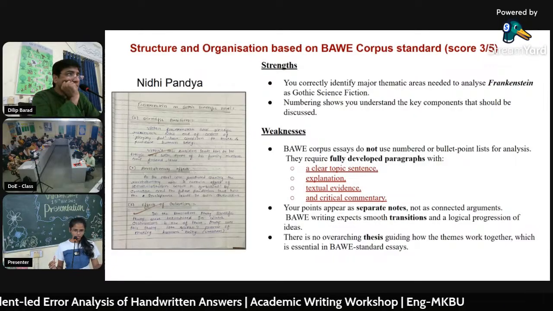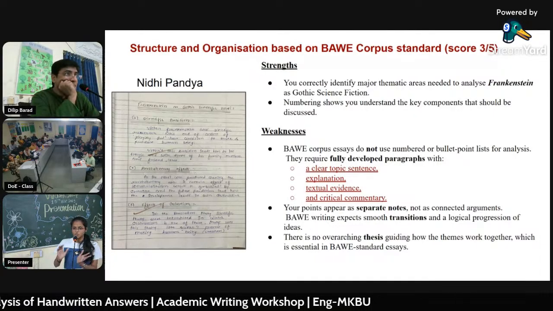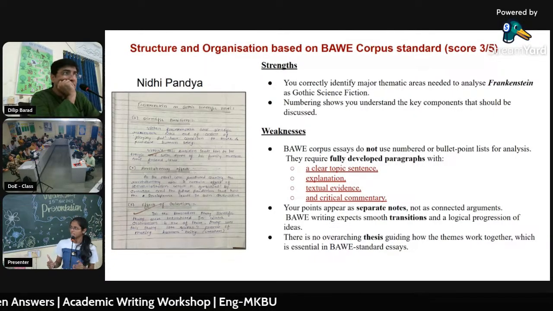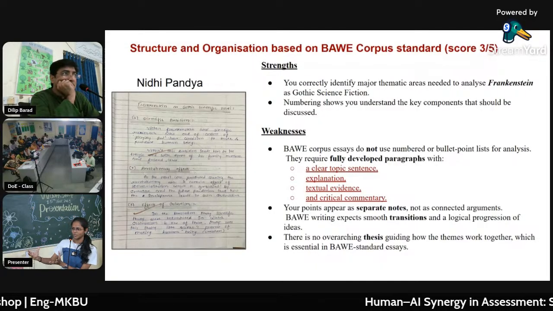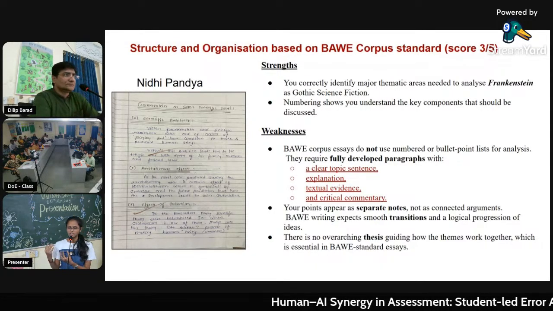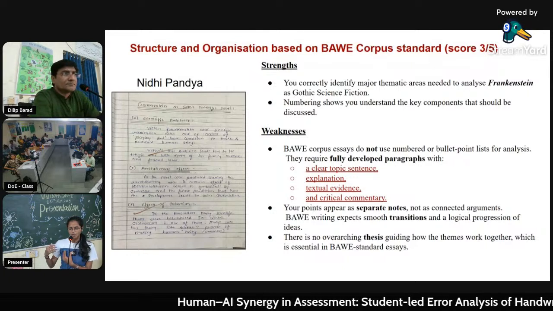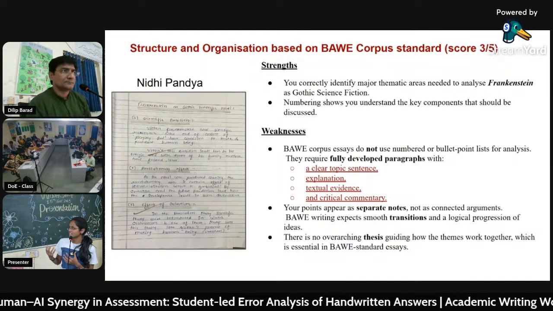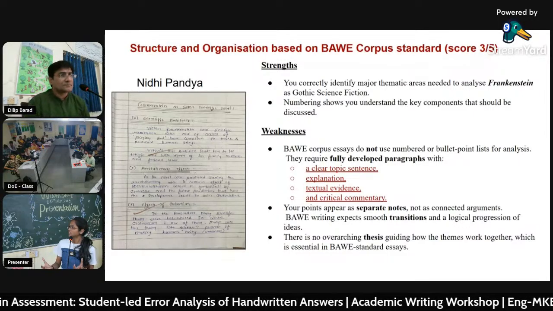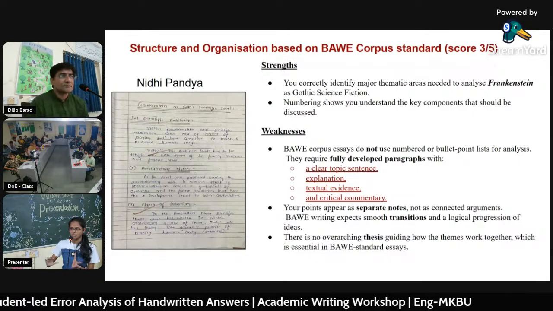As my group member said, it should not be descriptive but analytical. It shows that my points look like separate notes that don't connect with what I have been asked. It expects from me transitions and a logical progression of ideas, not just a descriptive one.